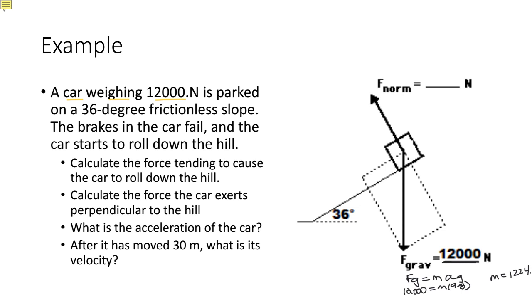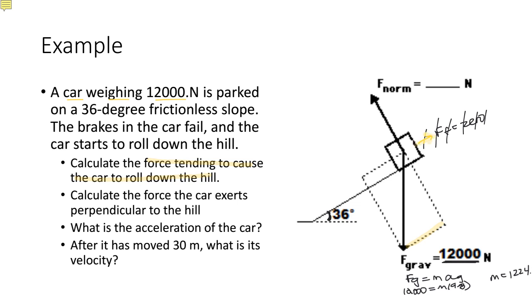It says that it's parked on a 36-degree frictionless slope. So there's no friction. This force friction acting backwards is 0. There's no backwards force of friction. It says the brakes in the car fail and the car starts to roll down the hill. It wants us to calculate the force tending to cause the car to roll downhill, which would be this force compared to this force.